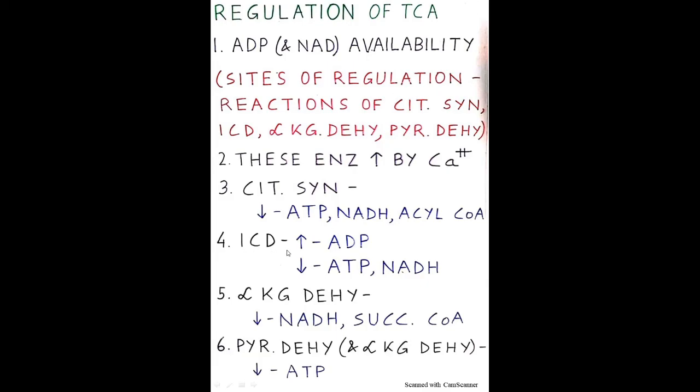Isocitrate dehydrogenase is inhibited by the same products ATP and NADH and stimulated by ADP. Alpha ketoglutarate dehydrogenase inhibited by NADH and succinyl CoA, the product, pyruvate dehydrogenase and alpha ketoglutarate dehydrogenase both are inhibited by ATP.